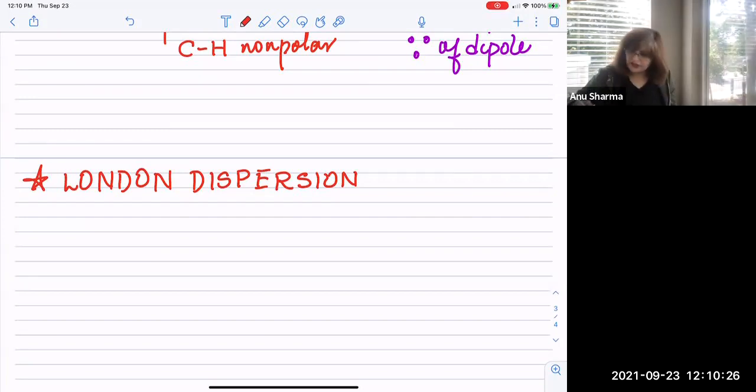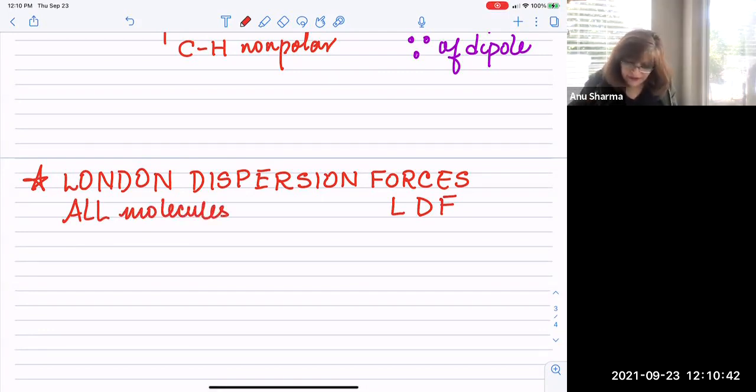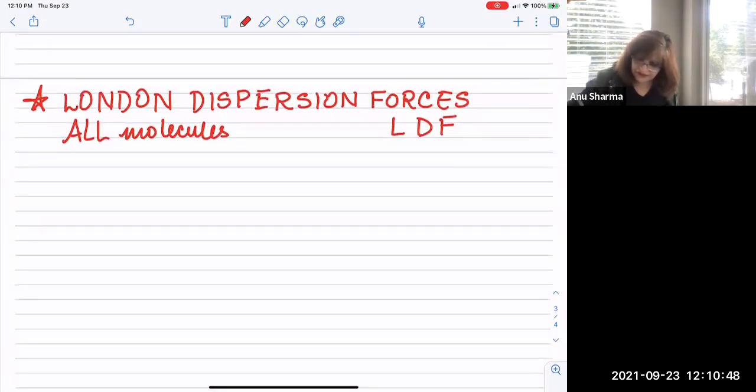If you look at just the London dispersion forces, these are also called LDF. These are present in all molecules. This is not very clear, as I said, in your book. So just make sure that you know, if you pick up another book, you will see London dispersion is present in all molecules, okay?